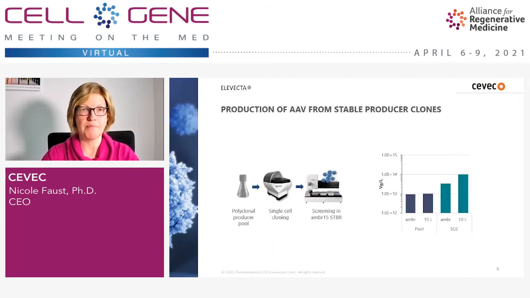From such a producer cell line it is then very easy to produce, and we have shown that in a proof of concept experiment with the proof of concept cell line that I'm showing you here. We initially generated a polyclonal producer pool.